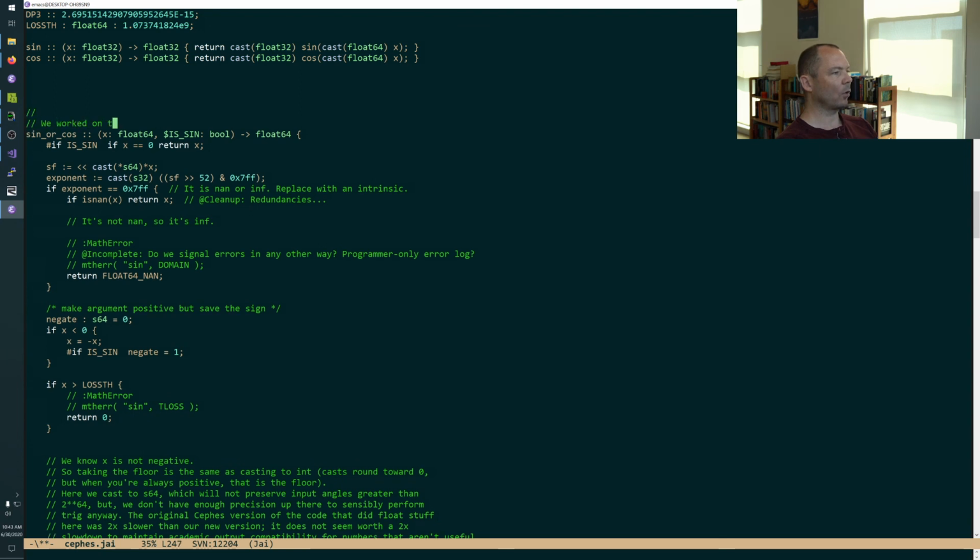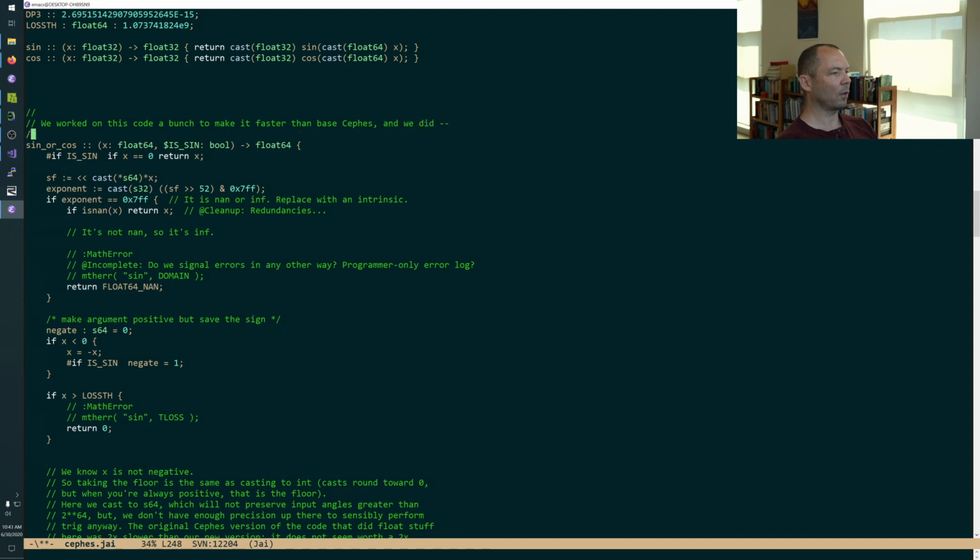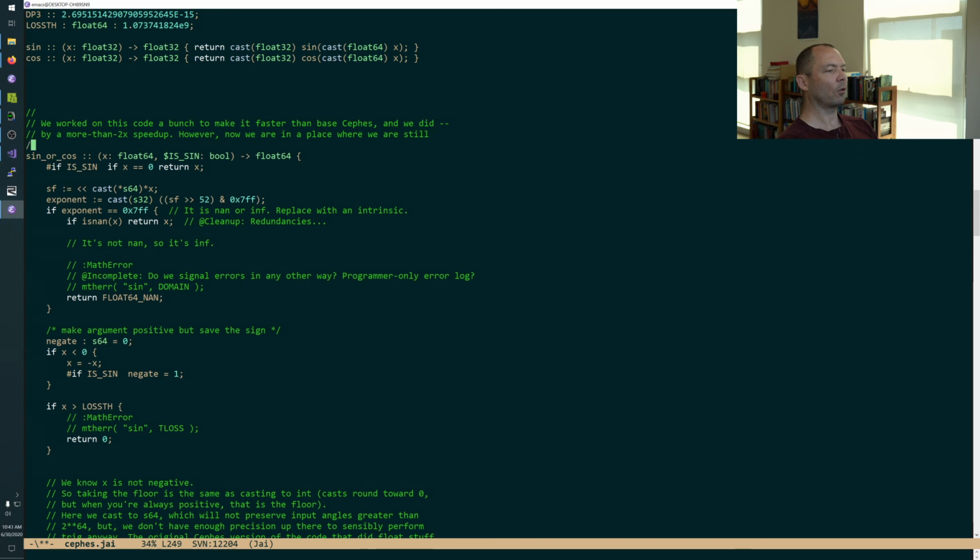We worked on this code a bunch to make it faster than base Cephes, and we did by a good chunk, by more than a 2x speed up. However, now we are in a place where we are still slower than the libc, the Microsoft, the Windows libc version.